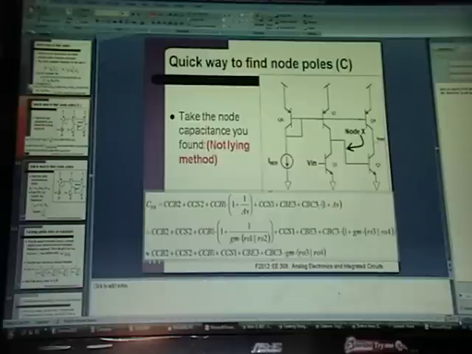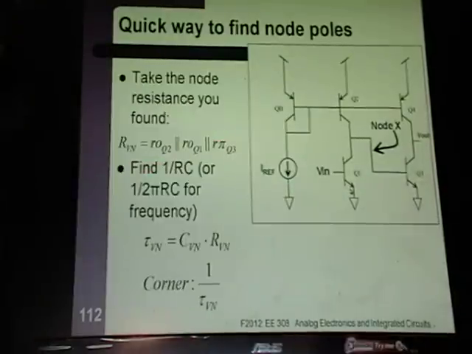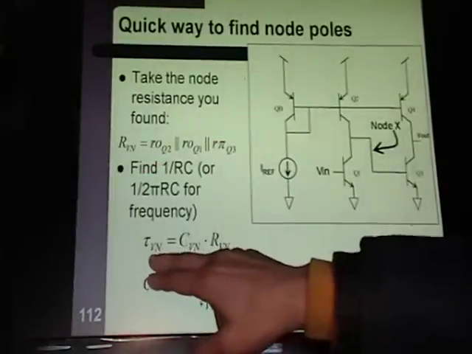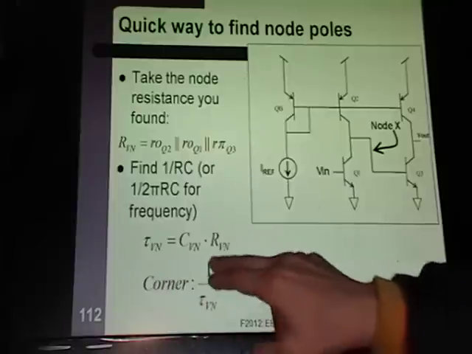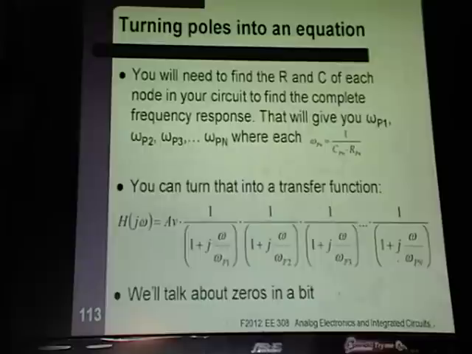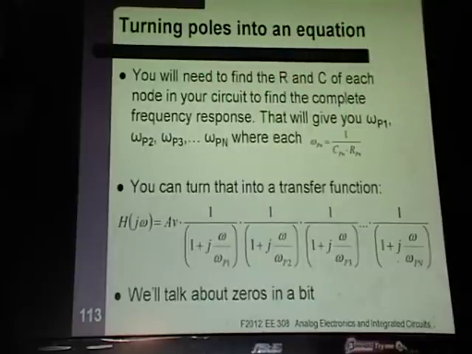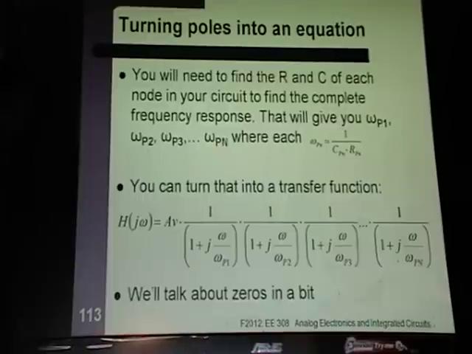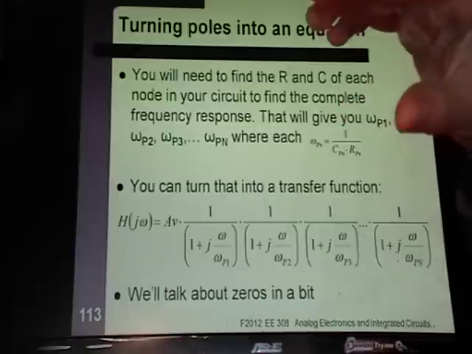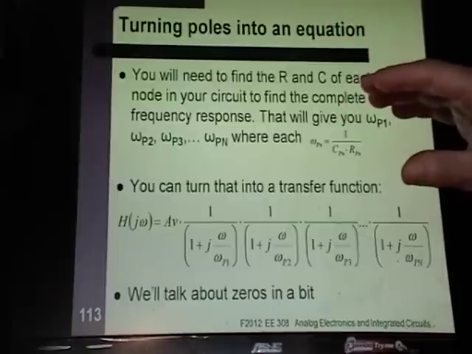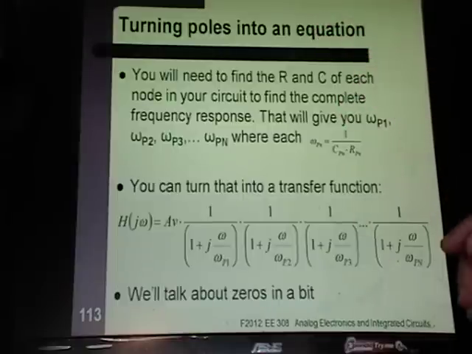All right, so back to that. Yeah, and again, your time constant is C times your R, and your corner is at 1 over your time constant. Okay, and if you have multiple amplifiers cascaded together, you know that if the gain of the first amplifier is A1 and the gain of the second amplifier is A2, and they're cascaded, in other words, the output of the first amplifier goes into the input of the second, then you multiply their gains.